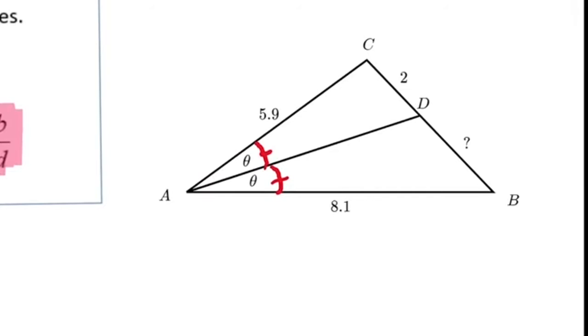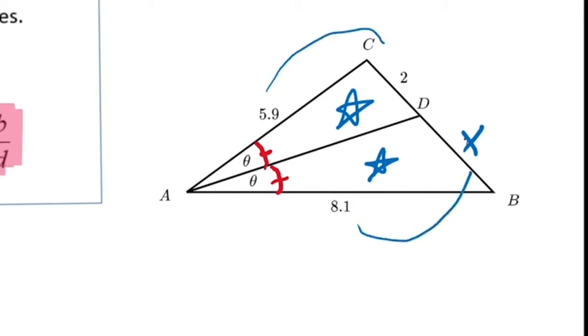So what does the theorem say to do? Well, we're looking for, it keeps using a question mark, we're going to put an X there. We're looking for X. The bisector theorem says that in these two triangles, the proportions of their sides are going to be equal, just like with similar triangles.